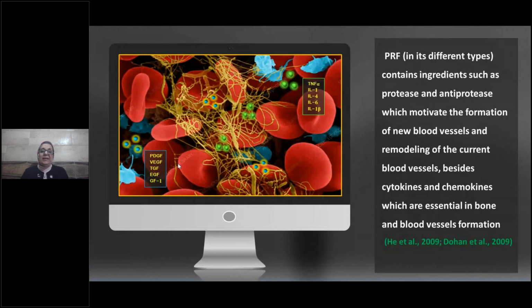PRF in its different types contains ingredients such as protease and antiprotease, which motivate the formation of new blood vessels and remodeling of the current blood vessels, besides cytokines, which are essential in bone and blood vessel formation.